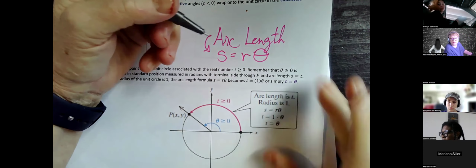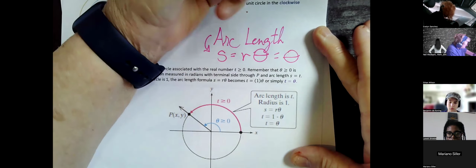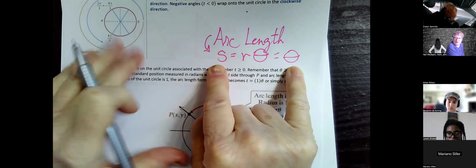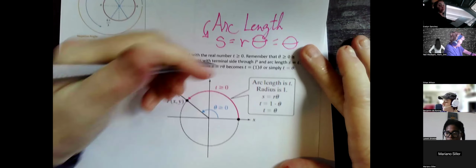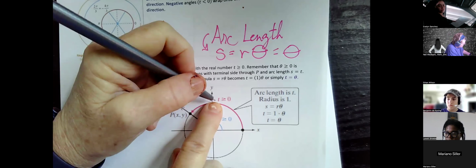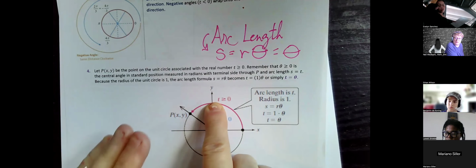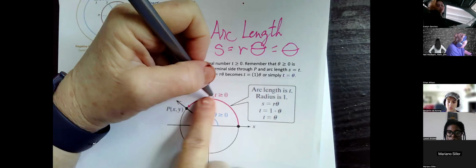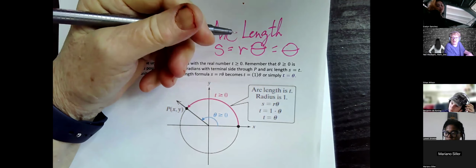And what is our radius? One. Yeah. So here, arc length and theta are the same. So what we're going to do is use T when we're talking about the unit circle's arc length. And that means that T and theta for the unit circle match.